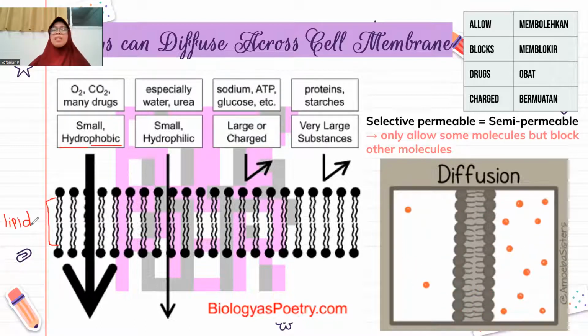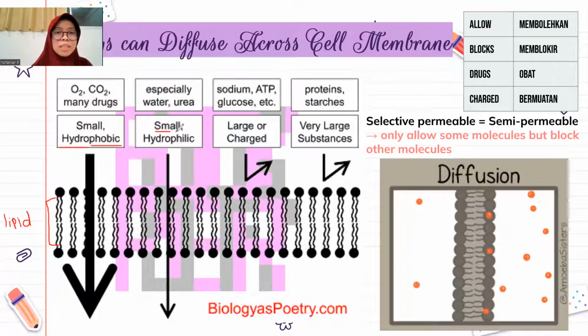That's why only those molecules that are afraid of water can pass through easily. The examples are the drugs. Drugs are usually designed as hydrophobic molecules. Meanwhile, oxygen and carbon dioxide are small gas molecules, so they can pass through the cell membrane very easily and quickly.